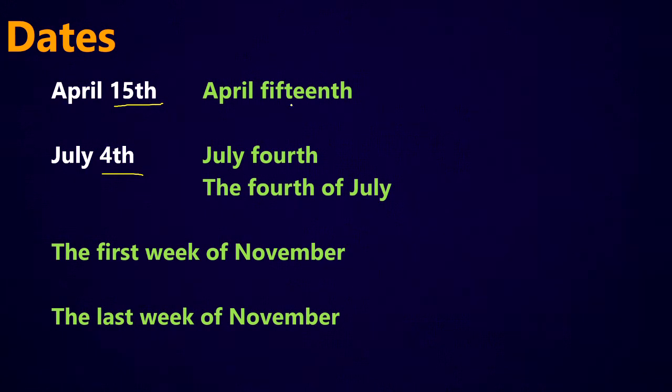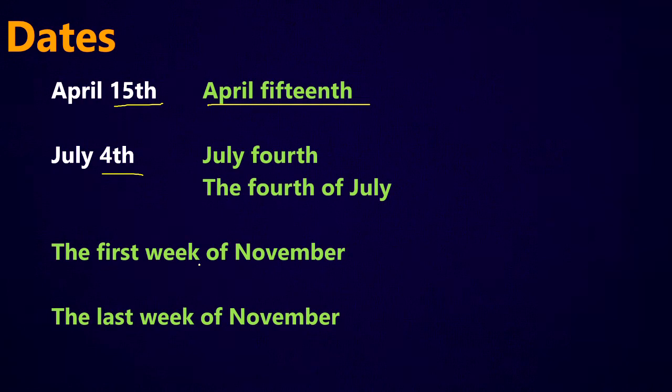So like April 15th, we would spell it maybe like this, but write it shorthand like this, 15th, or July 4th. So April 15th in the U.S. is tax day. It's when your taxes are due. And July 4th is Independence Day. So we could say July 4th, or we could say the 4th of July. We could say April 15th, or we could say the 15th of April. They both mean the same thing. It's just two different ways of saying the same date.